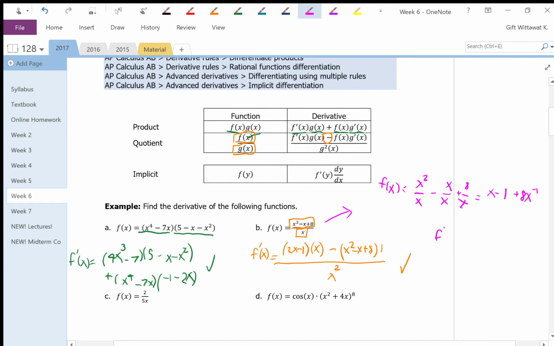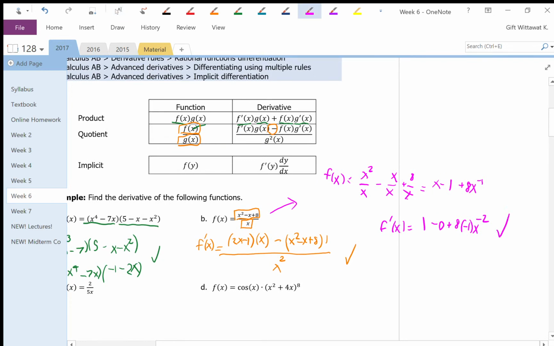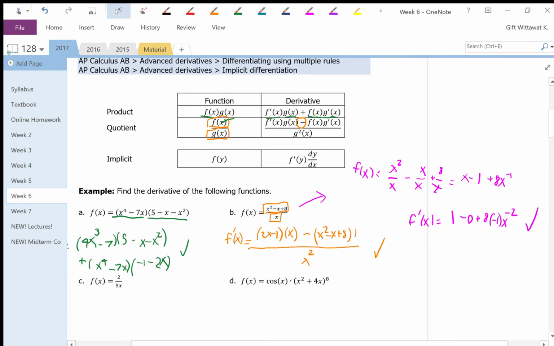So the derivative is going to be 1 minus 0 plus 8 times negative 1 times x to the negative 2. So this is also a correct answer. Sometimes there's more than one way to find the derivative of a function. If you simplify these two, you'll see that they are actually the same function.